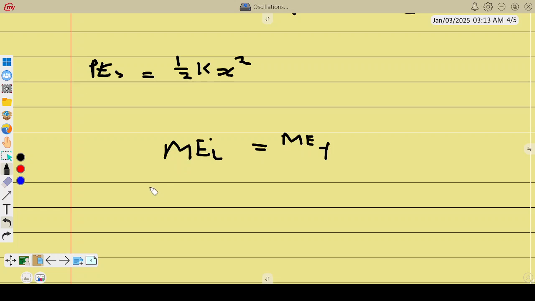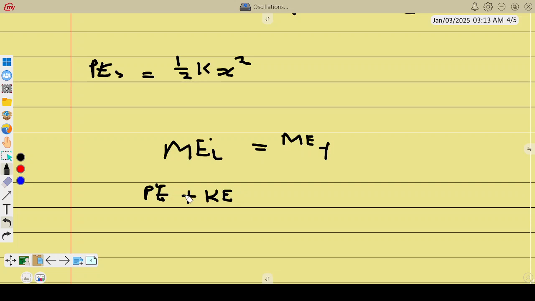Mechanical energy is simply potential energy plus kinetic energy.